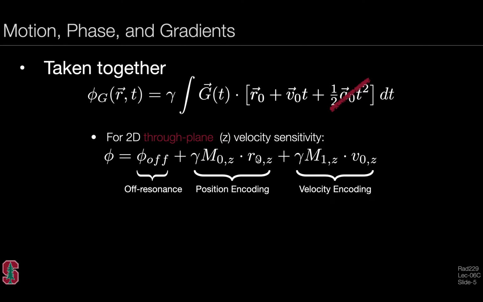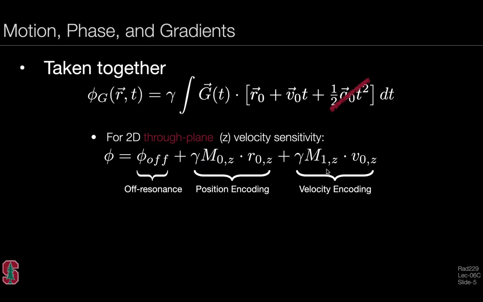There's a position encoding phase that we use to understand and locate spins at their spatial positions to form images. But we can also control the velocity encoding phase, and this is a dot product of the first moment of the gradient waveform and then the velocity in that direction as well.